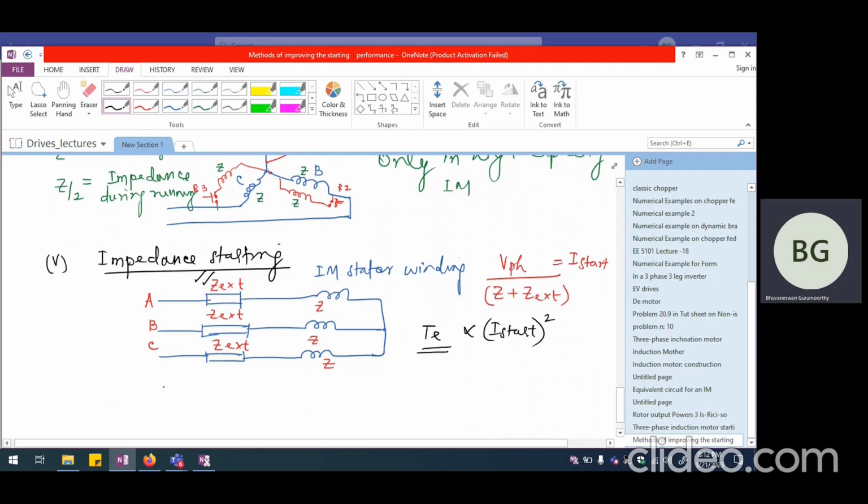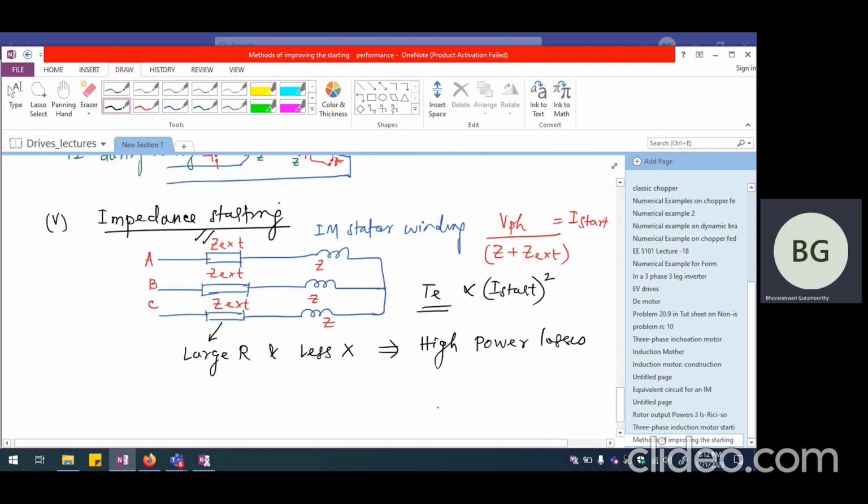Now, if the impedance has large R and less reactance, we are going to have high power losses because I squared R losses will be higher. So efficiency will be affected adversely.